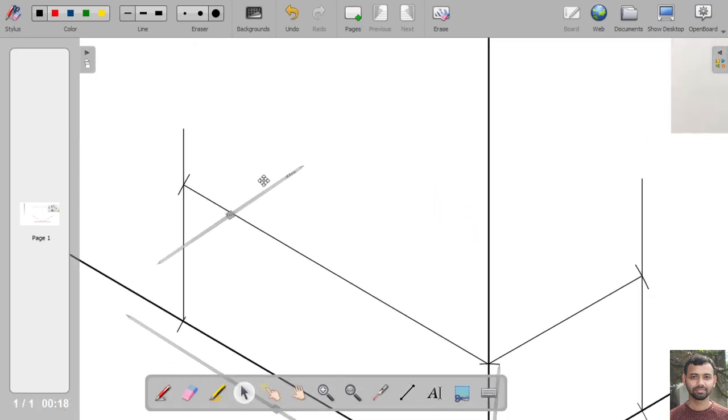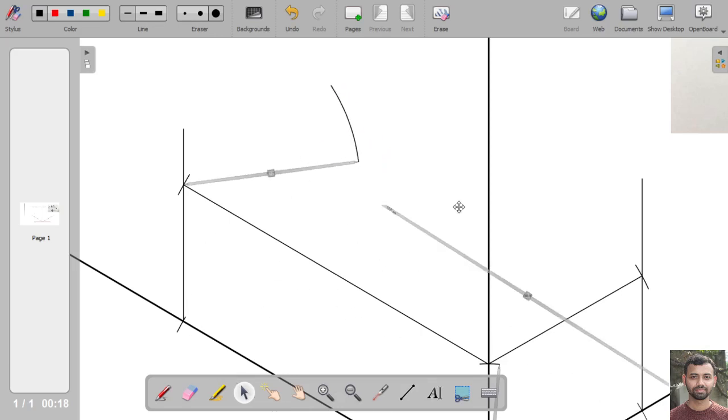With the help of this compass, we can locate the other corner point.